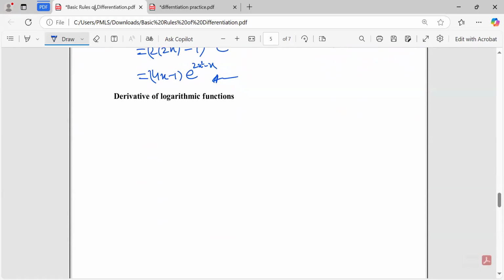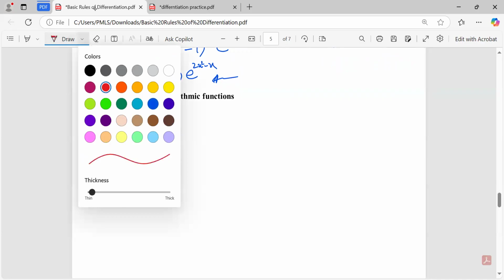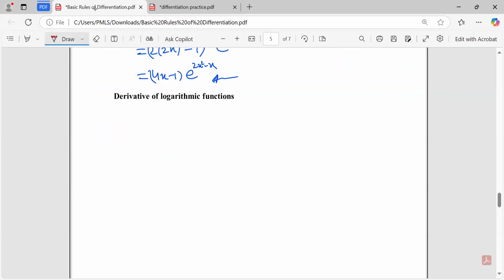After that, we need to find the derivative of a logarithmic function. There are two types of logarithmic function. First of all, a logarithmic function can be written as log base a of, let's say, x for the time being.